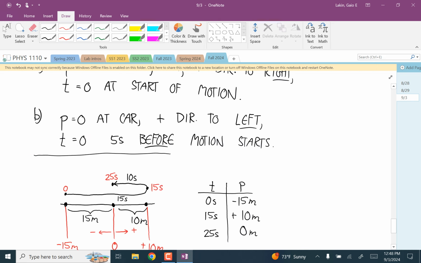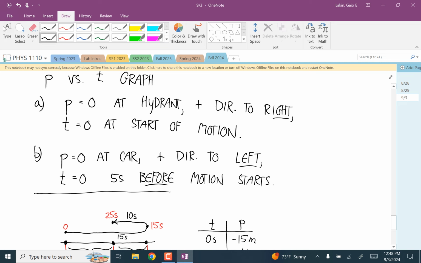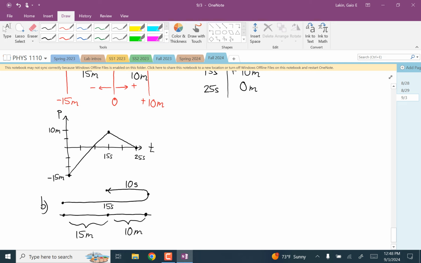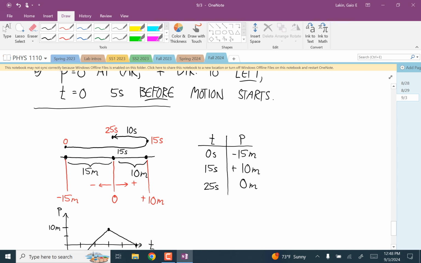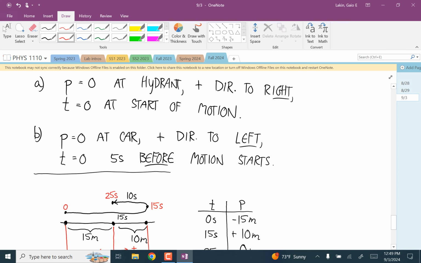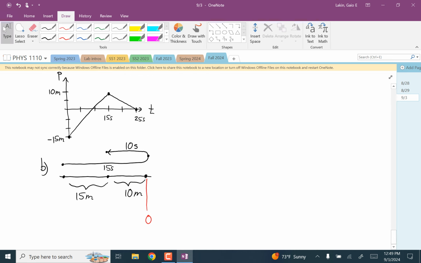Okay, so now our position equals 0. We're going to put that sticker down at the car. So this is going to be our 0 position. Our positive direction, we're going to choose going to the left. So this time from 0, we have our positive going this way and our negative going this way.